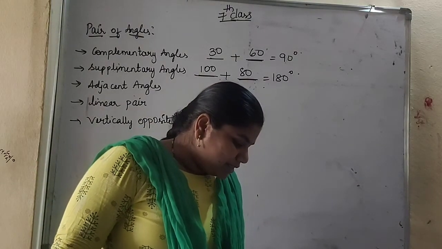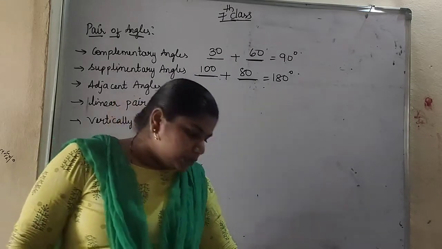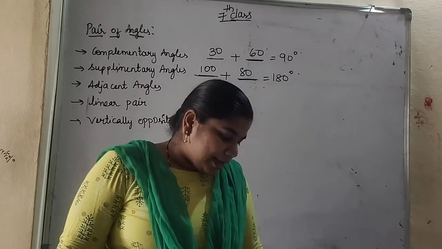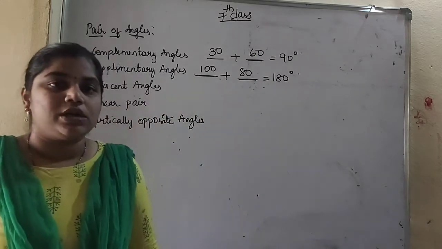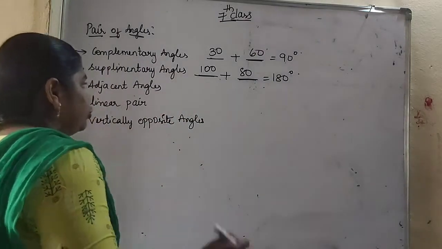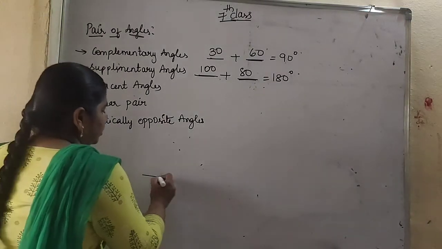Next is adjacent angles. What do you mean by adjacent angles? Adjacent angles means angles having a common arm and a common vertex. So it should have a common arm and also a common vertex. I am taking it in this form.